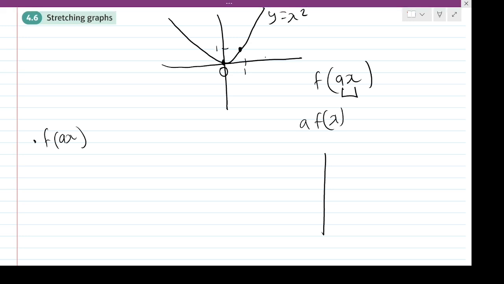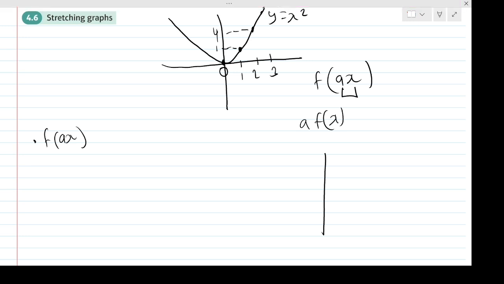Then 2 would be there, and that would give me 4 as a y value, because 2 squared is 4. Then lastly, if we did 3, then up here I'd have 9, because 3 squared would be 9. So those 3 points will help me understand this.